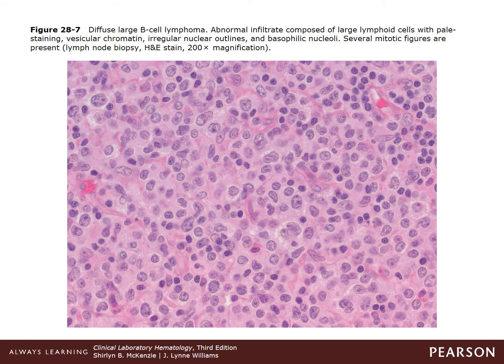In this lymph node biopsy, you can see that there is infiltration of these large lymphoid cells that have a pale stain. They have irregular nuclear outlines as well as basophilic nucleoli.